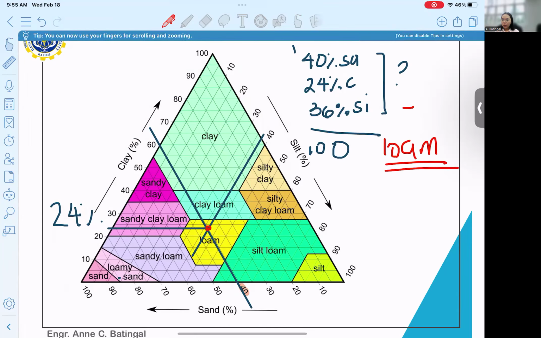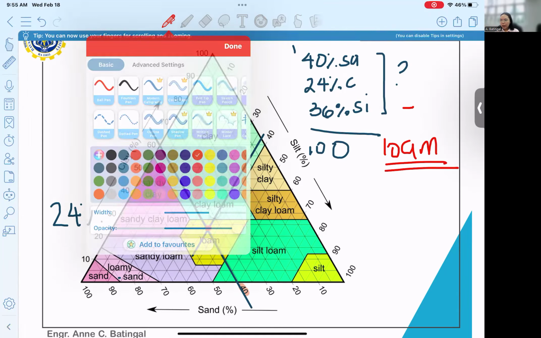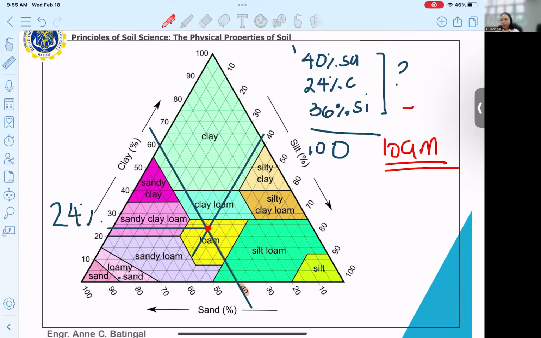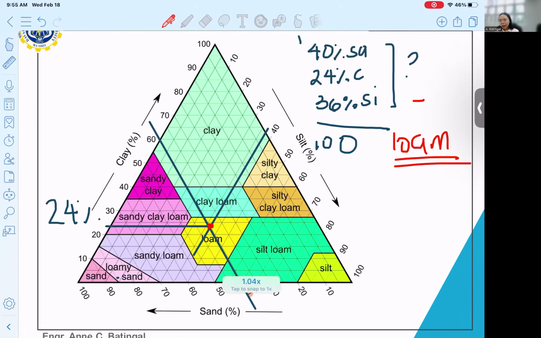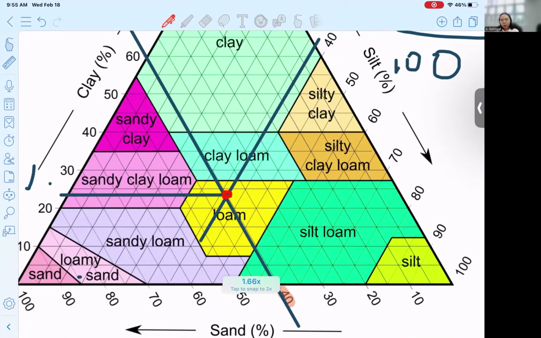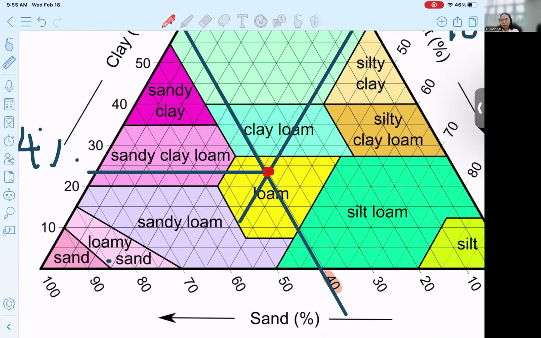So again, what you should know is that kani sila 40, 24, 36. Kung imo siyang i-plot sa imong soil texture triangle, makahatag na siya kung unsay soil texture nga naa sa imong sample. So pwede to sila nga duha lang magtagbo, pero as much as possible ikatulo ang tulo jud na para for backup data.